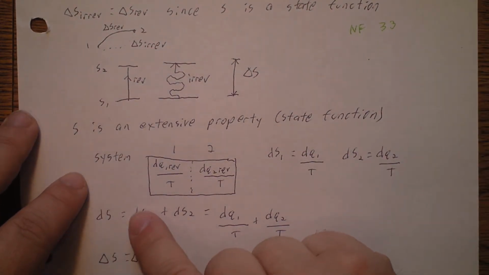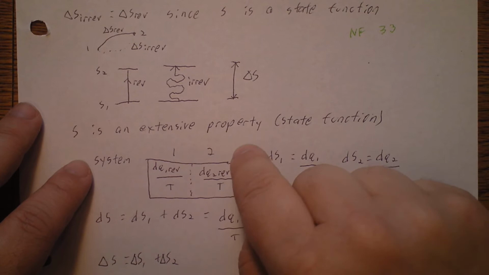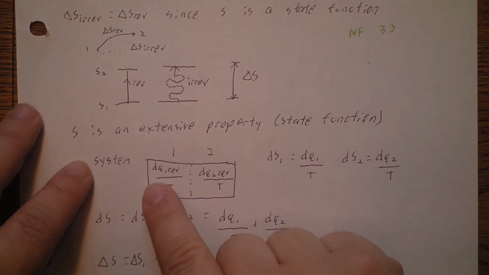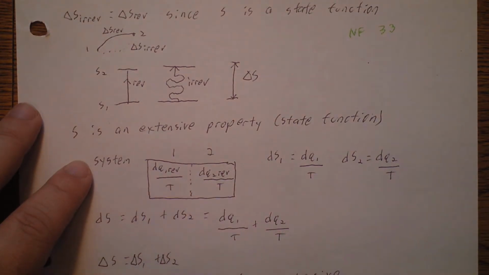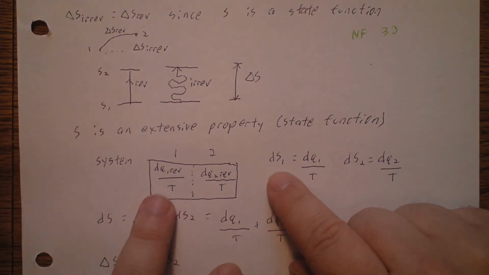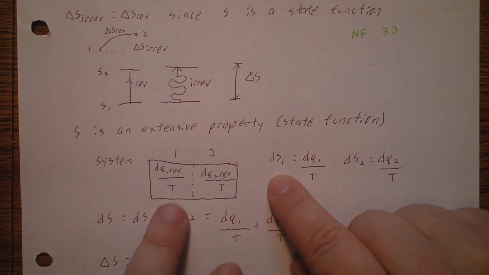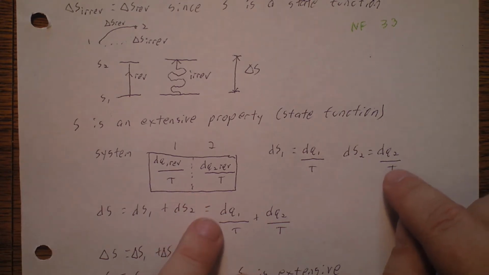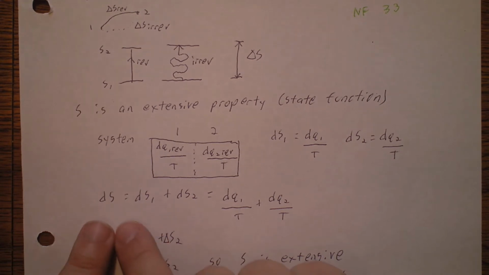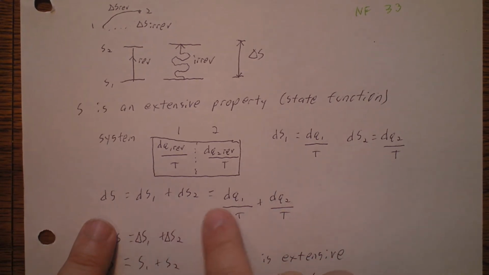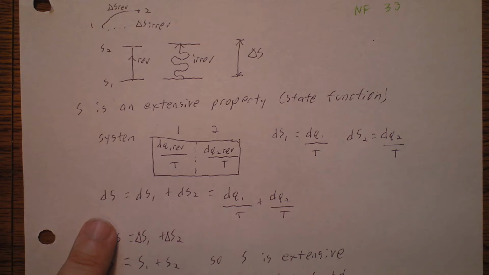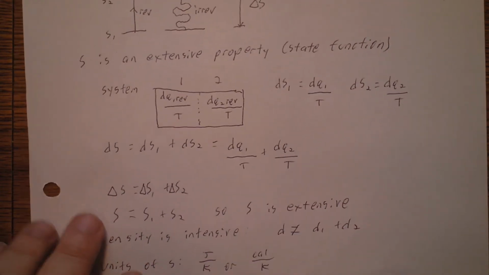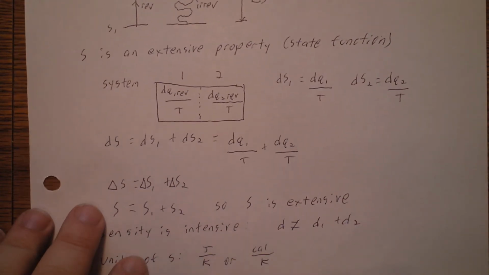Now let's say we have a system with two parts here. So part 1, part 2. So there's dq1 reversible and dq2 reversible, both divided by T. So the dS for part 1 of the system is just dq1 divided by T, and dS2 is equal to dq2 over T. So the total dS is just dS1 plus dS2, or dq1 over T plus dq2 over T. And then again, that's because it's extensive.